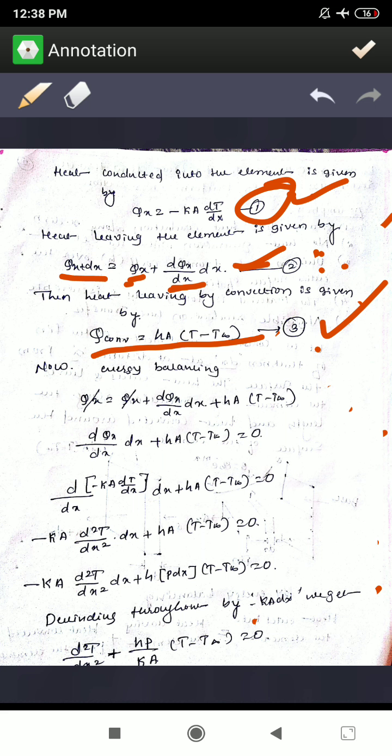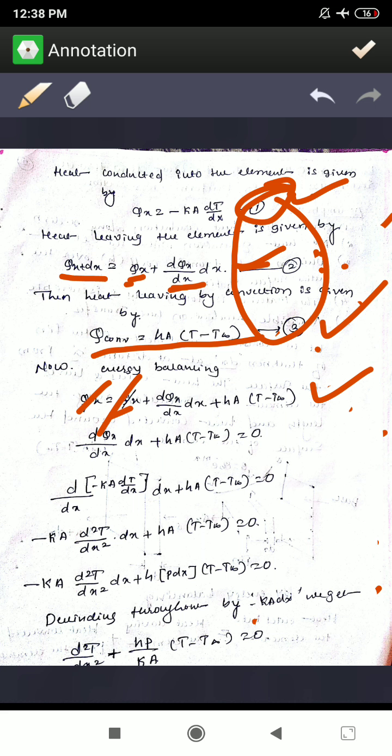So we have the energy balance equation: heat entering the element is equal to heat leaving the element plus heat convected by the element. So we have to substitute all these three equations in that energy balance.